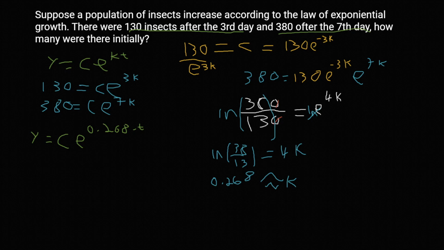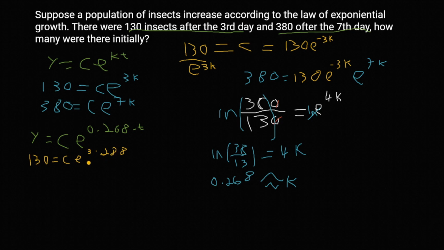Now we're going to solve the equation for C. So we're just going to go back and substitute back into our 130 equation here. So 130, but this time we now know our K. So e is a constant, and then we're going to say 3 times K, which is 0.268.